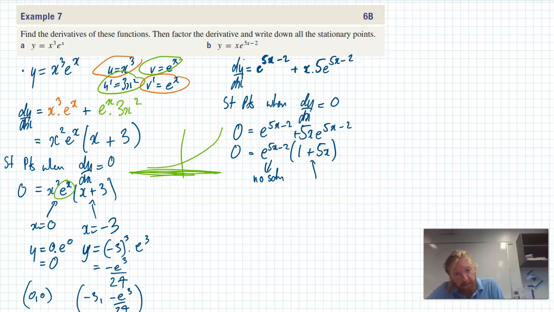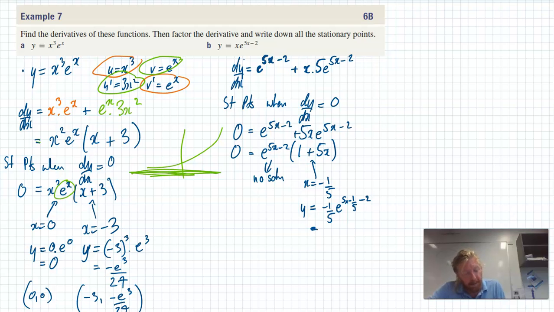And here, x is minus a fifth. I'll have to sub x is minus a fifth in, and I'm going to get minus a fifth times e to the 5 times minus a fifth minus 2, and that's all in the exponent.